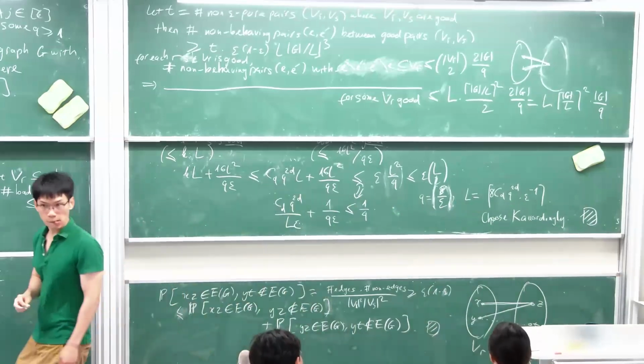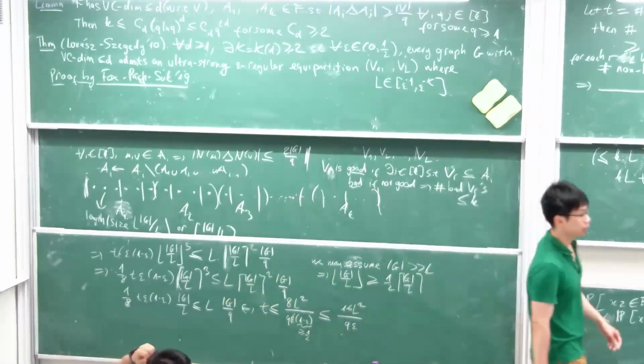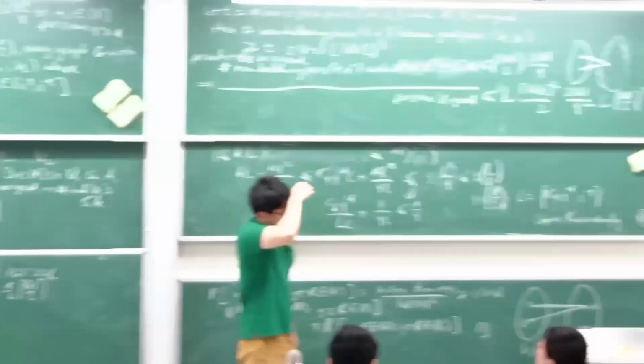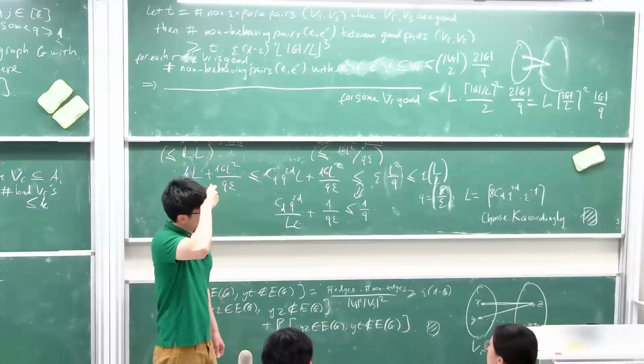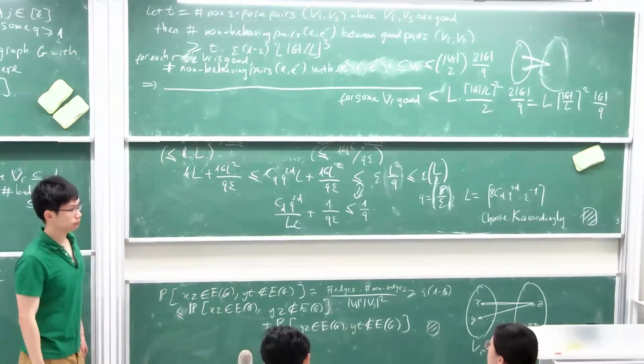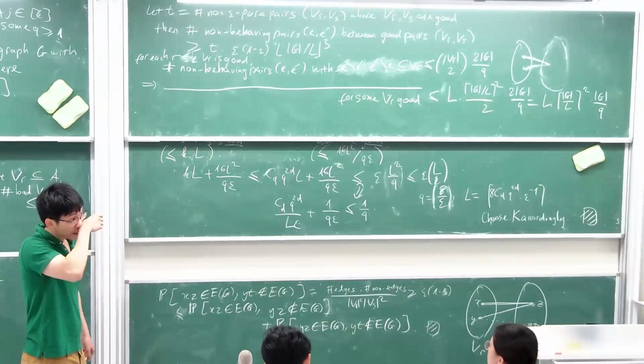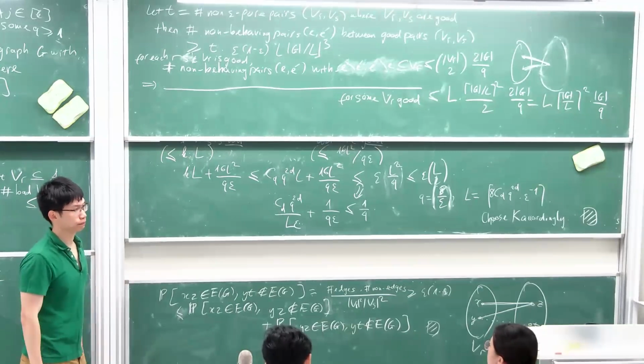Any question? Yeah. Usually, once we have a regular partition, it's very convenient to consider its reduced graph, because the reduced graph inherits many useful properties of the host graph.